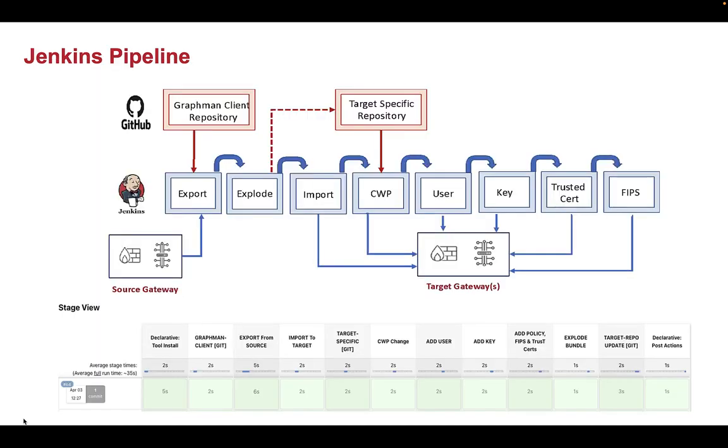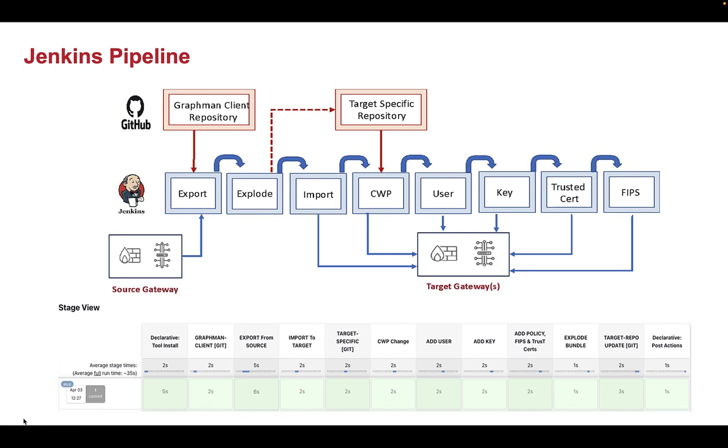Next, this is the actual Jenkins pipeline flow at the bottom, what you see, but an explanation has been given above where, as I mentioned, I have two repositories. One is the Graphman client, another one is the target specific repository.